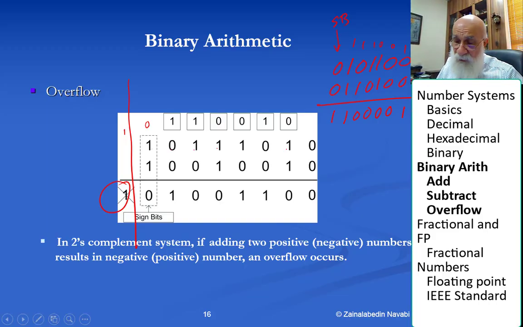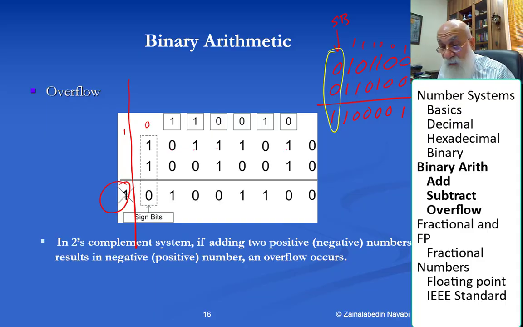Well, unfortunately, again, in this situation I have two zeros for the sign bits of the two numbers I'm adding, but then my result is a negative number. Okay, these two cases I call overflow. This one is an overflow resulting in a positive number for two negative numbers.